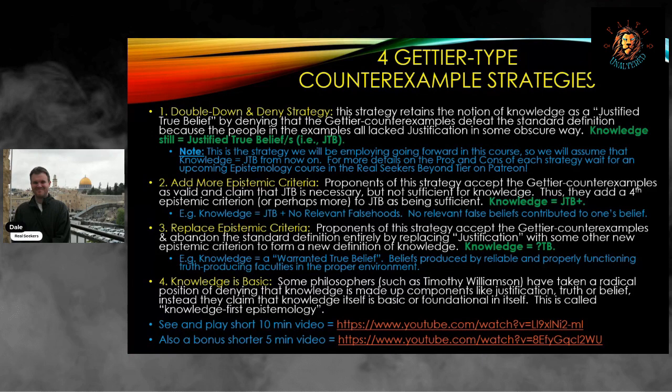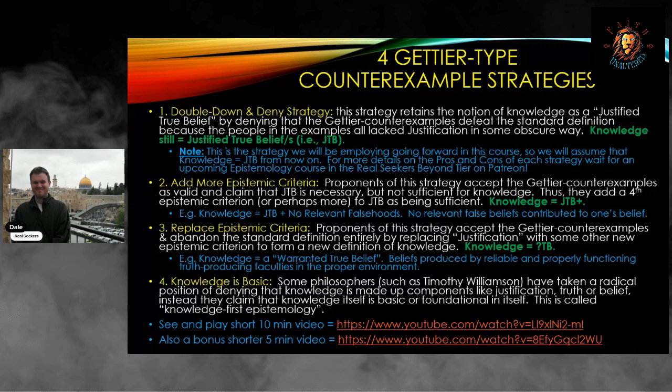They say, yes, these counterexamples prove that justified true belief is insufficient for knowledge. But justified true belief is necessary. So you still need to keep knowledge equals justified true belief, but there's something missing that needs to be added as a criterion in order to count as knowledge.